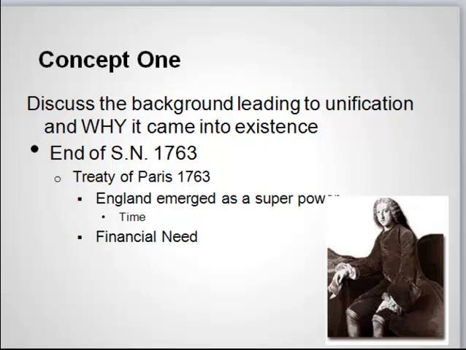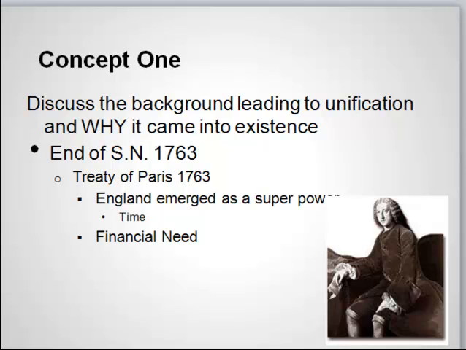Unification came about as a result of salutary neglect coming to an end in 1763. And as discussed, the period from the early 1600s until the French and Indian War in 1763 is referred to as salutary neglect, right? Because of the results of the Treaty of Paris in 1763, two conditions provided England with the motivation to bring an end to salutary neglect.